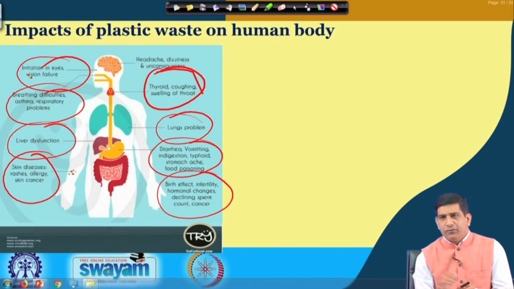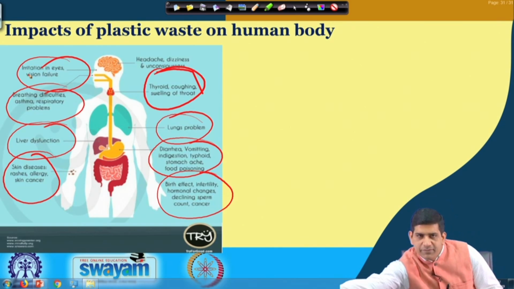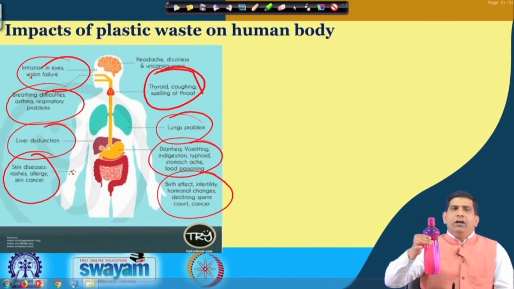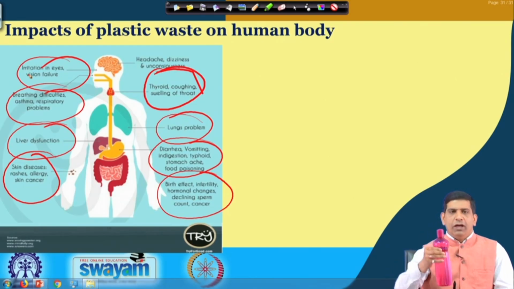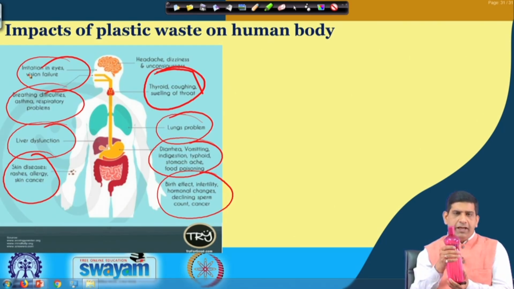It's not that if I have this plastic bottle sitting in front of me from morning to evening, I'm getting exposed to any of these chemicals. But if bisphenol A or phthalates or the different compounds present in this plastic bottle leach into the water, and I consume this water, then I'm getting exposed to it.